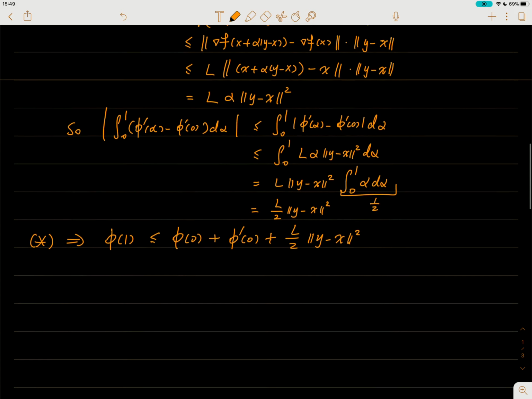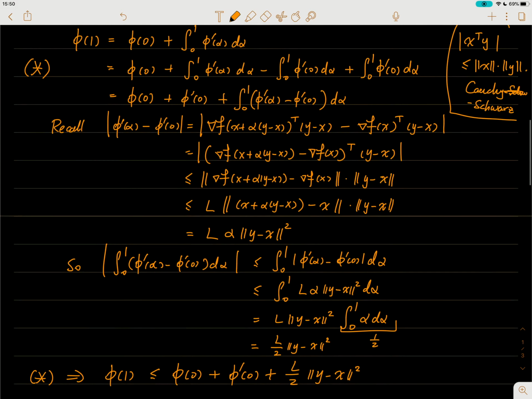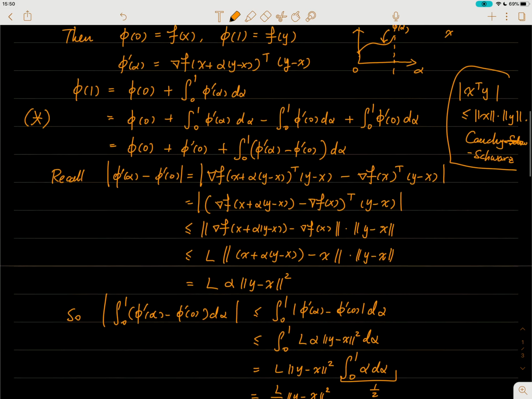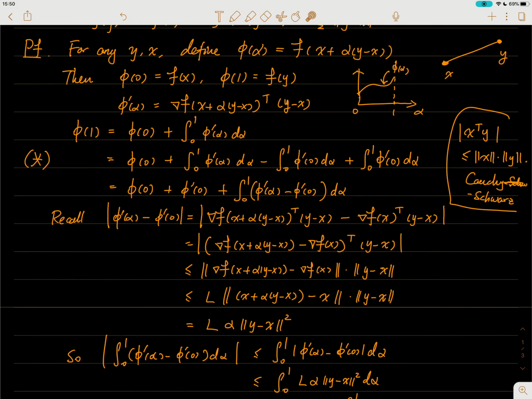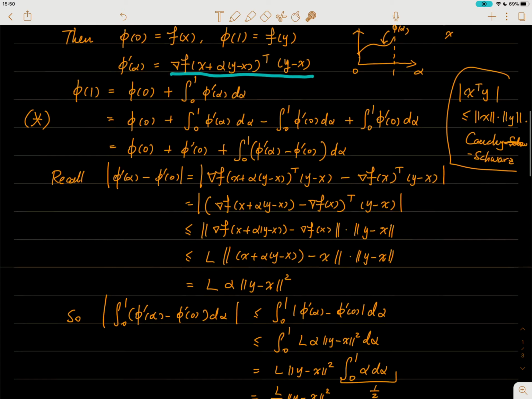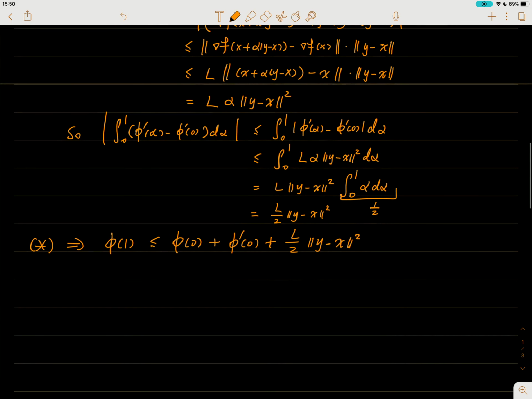But now I just need to plug in phi of 1, phi of 0, and phi prime of 0. Remember phi 1 is this, phi 0 is this, and phi prime of 0 is just plugging in 0 here. So I will have f of y on the left, which is less than or equal to f of x plus, what we showed before, gradient f at x transpose times y minus x plus half L norm of y minus x squared.